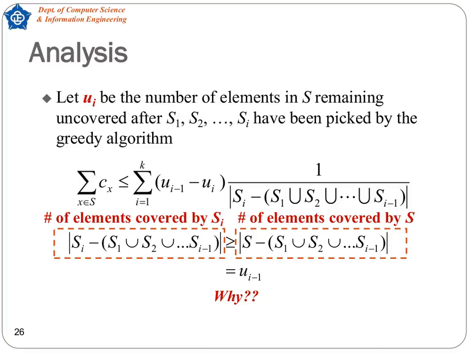Formally, the size of S_i minus the union of earlier sets is greater than or equal to the size of S minus the union of earlier sets, which equals u_{i-1}. Because of this, each per element charge is at most 1 over u_{i-1}. Summing over all k iterations gives us the sum from i equals 1 to k of u_{i-1} minus u_i times 1 over u_{i-1}. That sum telescopes into the familiar harmonic series, demonstrating that the greedy solution costs at most h_n times the optimum.